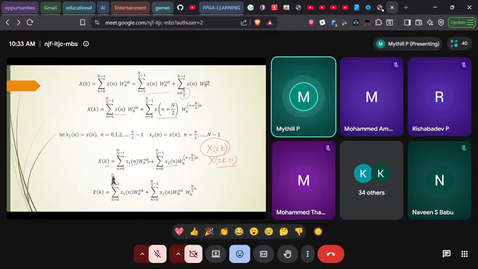Before that, I have written the same things before replacing with 2k. The only thing is, I have simplified W_N of n plus N by 2 as W_N of n into W_N of N by 2 into k. Same, just the product. Now we are going to replace k by 2k.